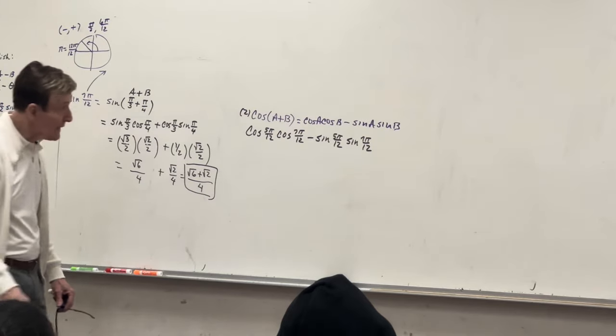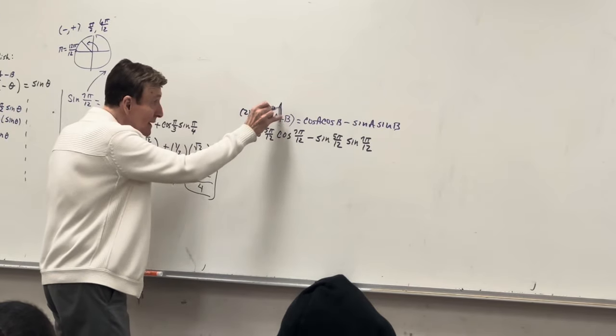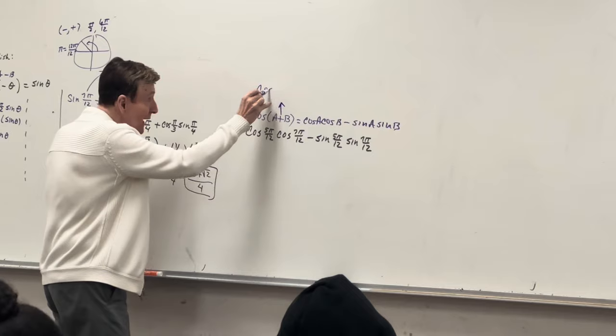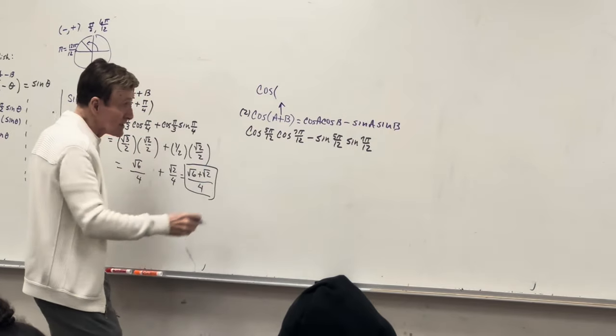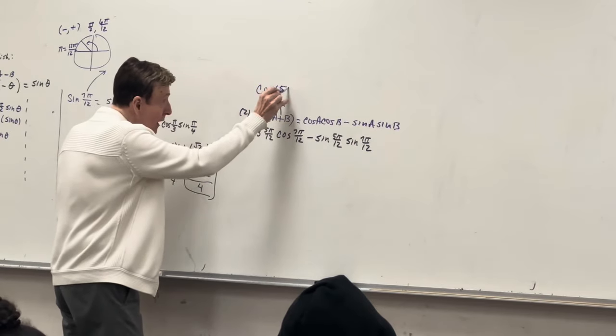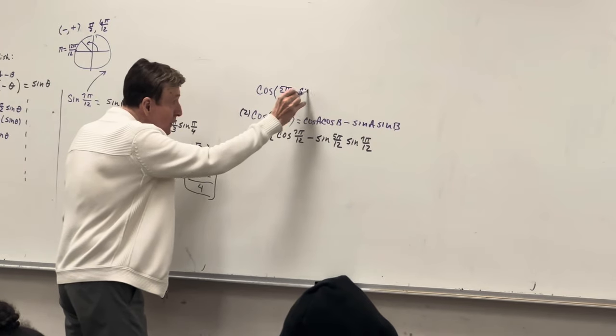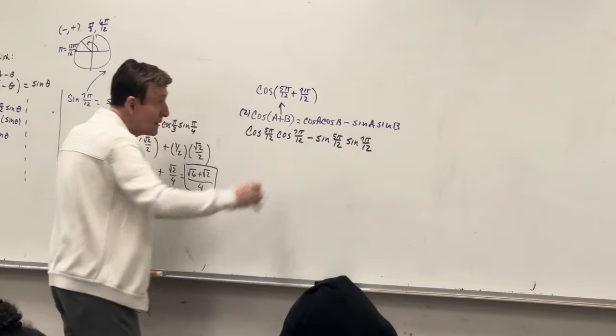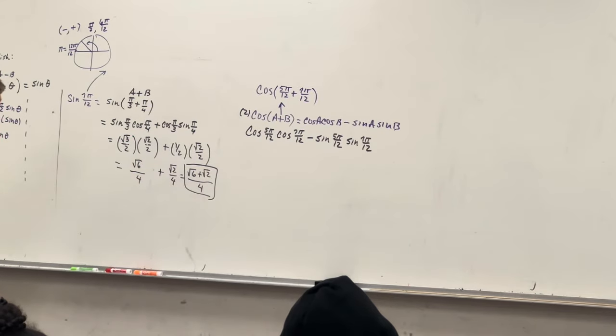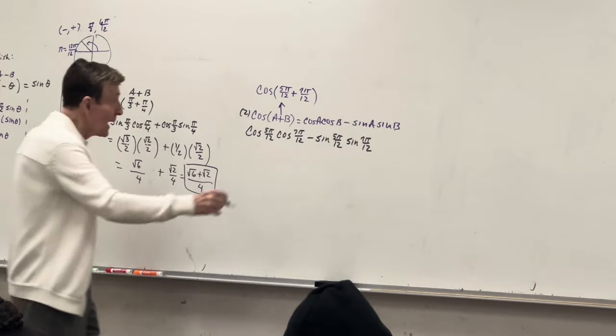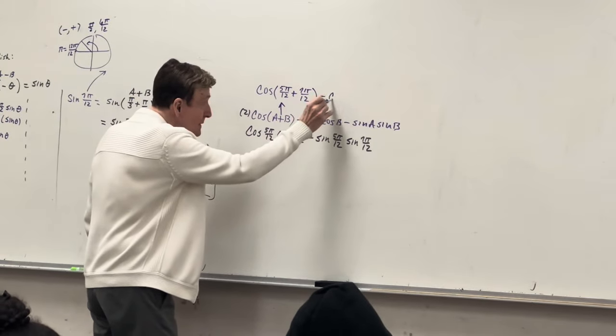You guys agree? And that's the way this in the black looks. Therefore, what should the answer be? It should be cosine of A plus B. Guys, A is 5 pi over 12. And add to it what? 7 pi over 12, that's B. That's what the formula says it should be. Add them up. I think that's pi. Please help me here.